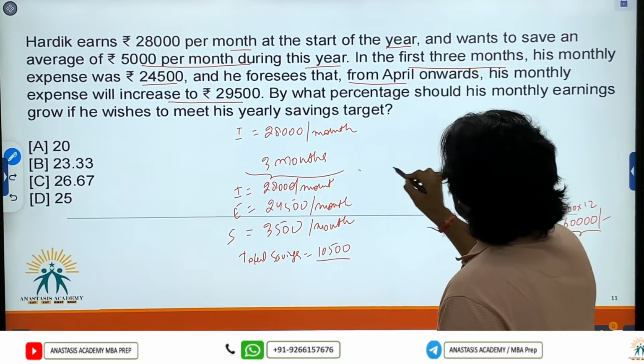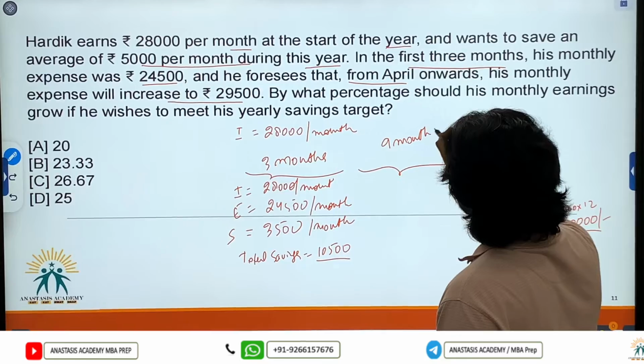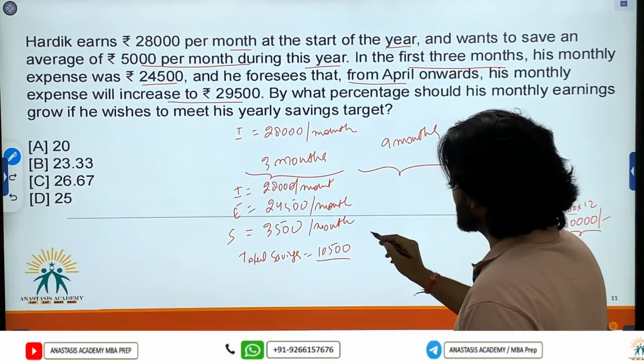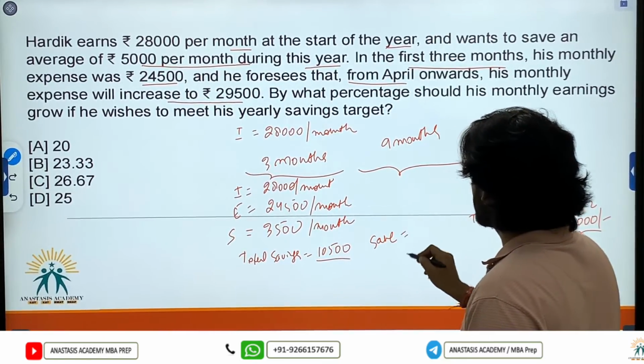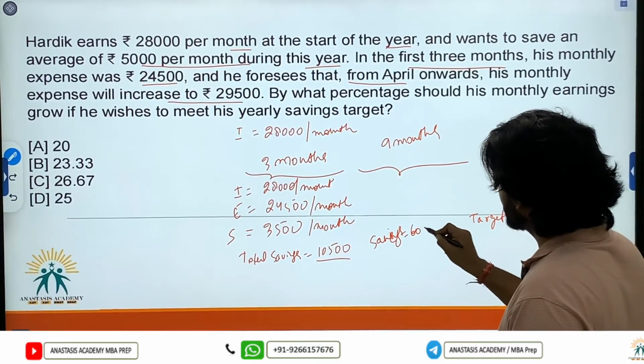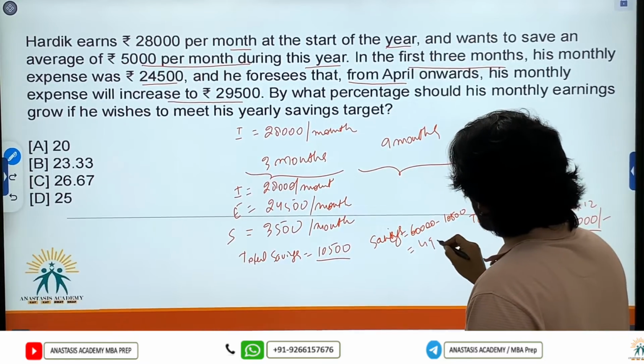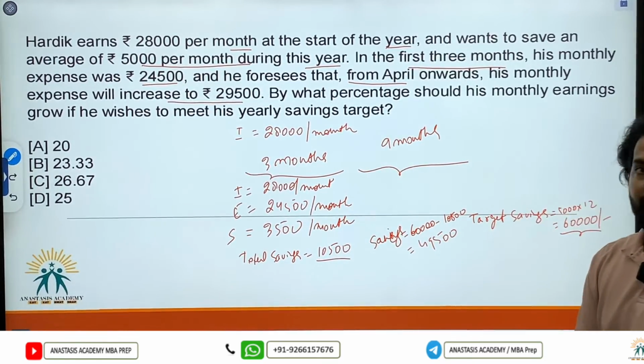So whatever amount is left, he has to save in these 9 months, right? So in 9 months, his savings must be how much? 60,000 minus 10,500, which is equal to 49,500.